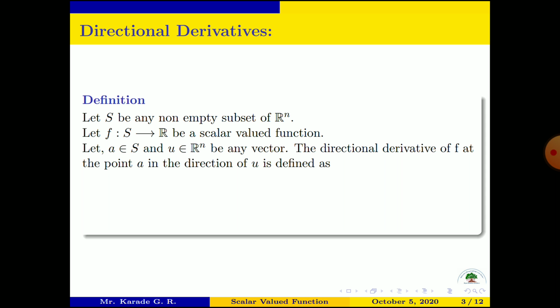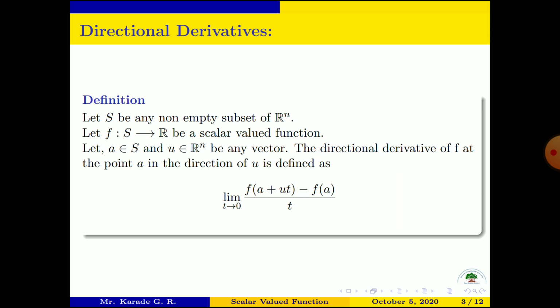दिलेल्या डायरेक्शन मध्ये तो डेरिव्हेटिव्ह कसा लिहायचा आहे याची डेफिनेशन इथे दिलेली आहे and there it is defined like this here. It is defined as limit t tends to 0. लिमिट कोणाचा आहे बघा, f of a plus ut minus f of a divided by t.